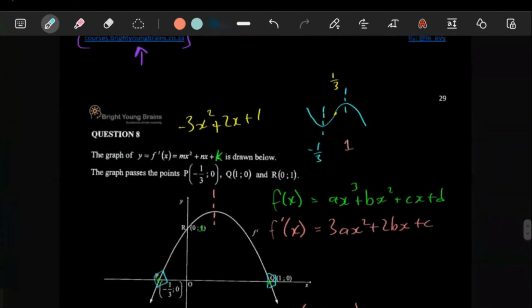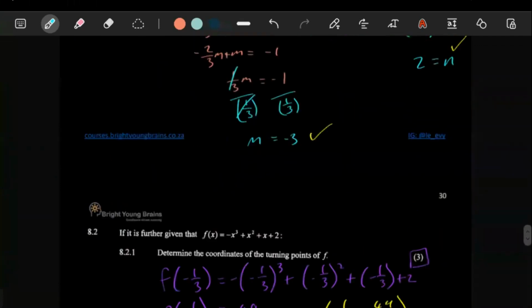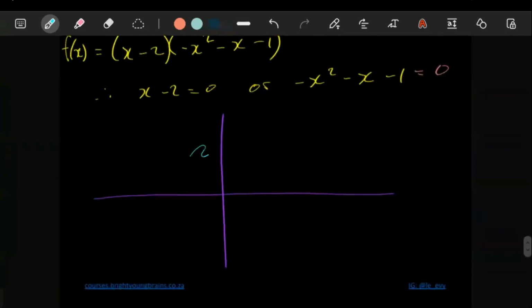The other one was at positive 1. In terms of scale, you don't have to put lines on your graph and everything like that. This here is going to be negative a third. Then we can maybe put positive 1 somewhere here.